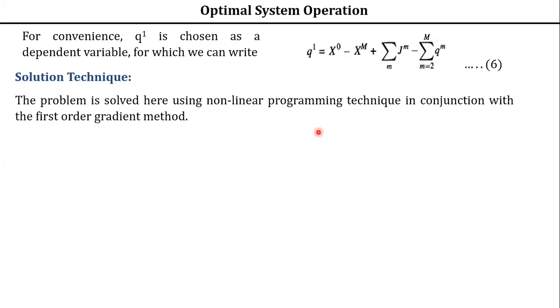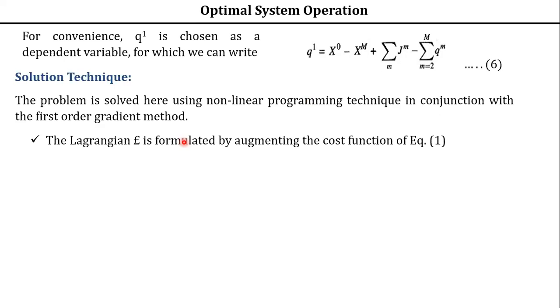So that is your gradient method. Here, this hydrothermal optimization model can be solved using any nonlinear programming technique in conjunction with the first order gradient method. Okay, now how to get this? You know the gradient method: you have to take the partial derivative by applying the Lagrangian multiplier L. The Lagrangian L is formulated by augmenting the cost function of equation 1.